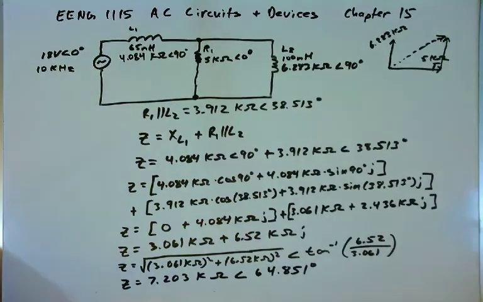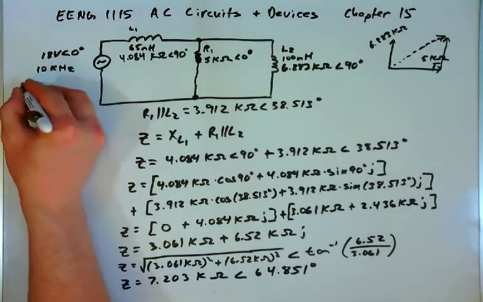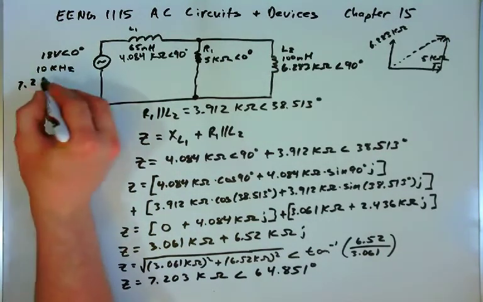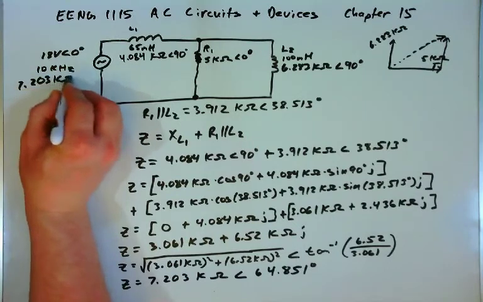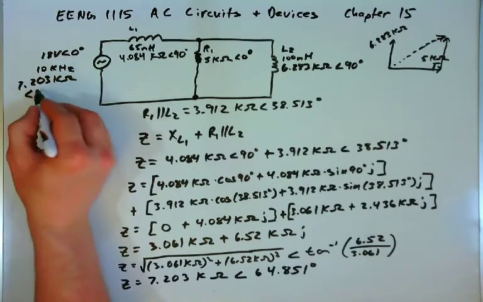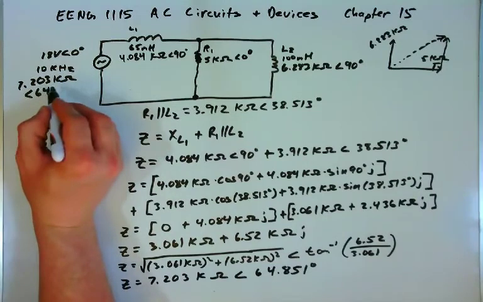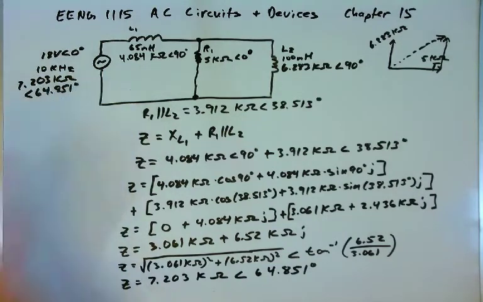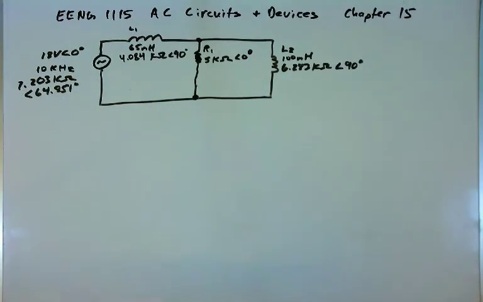This will be the total impedance of the circuit, and so I'll write that up here. We have 7.203 kilo ohms at an angle of 64.851 degrees.